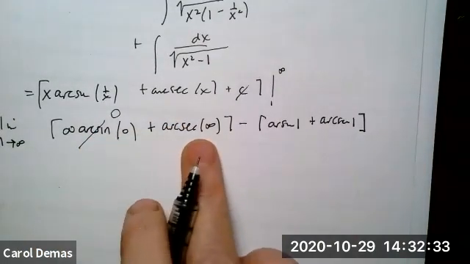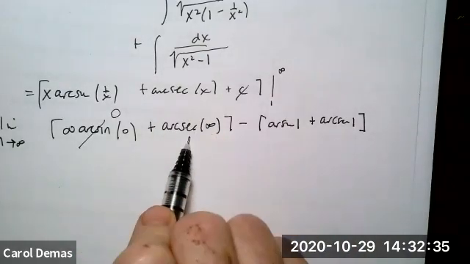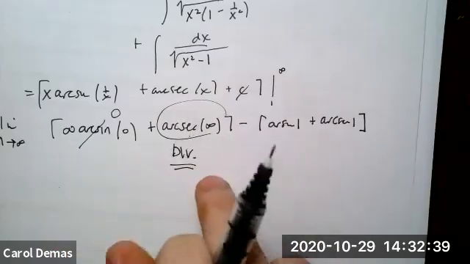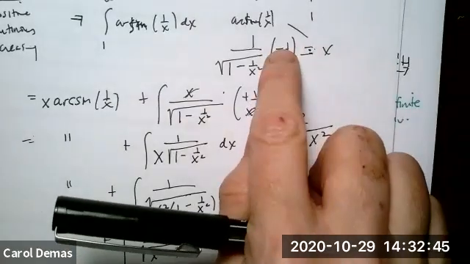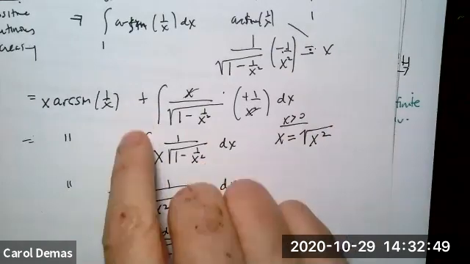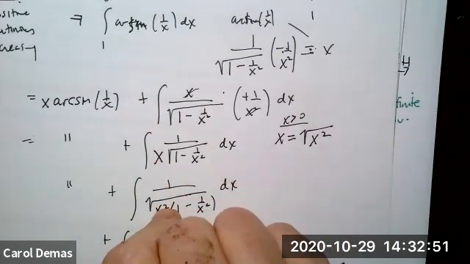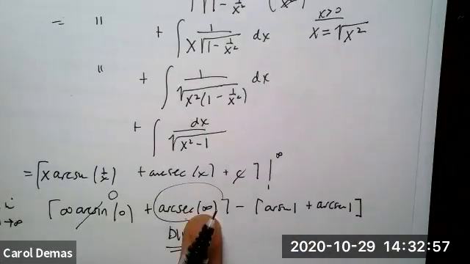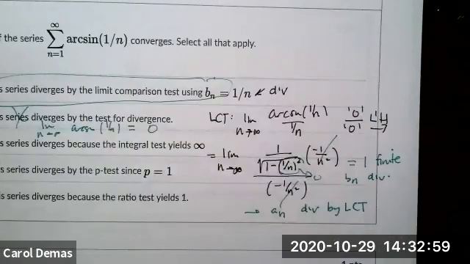Arc secant of infinity, that guy's going to diverge, okay? That guy makes us diverge. So this integral diverges by the integral test. Okay, I don't think so because we have a negative times a negative, so it should be positive here. So this one diverges by the integral test.